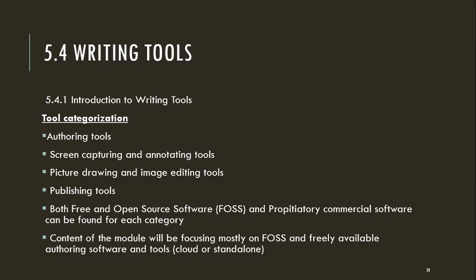Both free and open source software and proprietary commercial software can be found for each of the above categories. The content of the module will focus mostly on FOSS, or free and open source software, and freely available authoring software and tools.